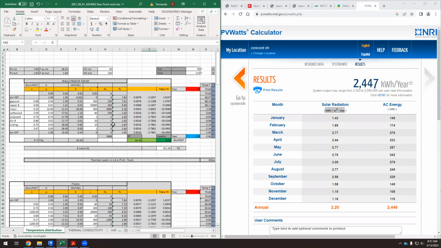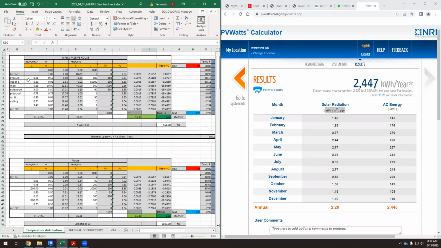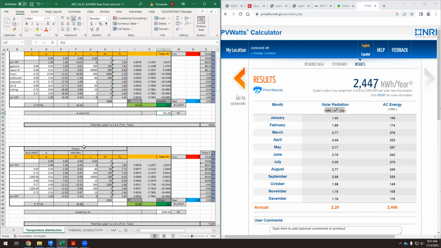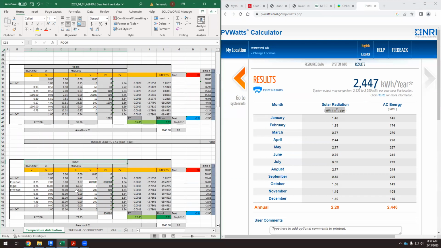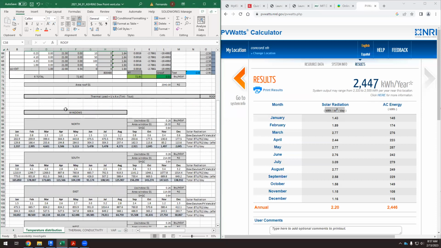Okay, so with this, I am summarizing things. First, we calculate the wall with the width and the thermal conductivity. We get the R value. We calculate the area of the walls. We can do the same with the floors and the roof. Then we have to look at the windows. So we have to calculate first the U value of the window and the solar heat gain coefficient.